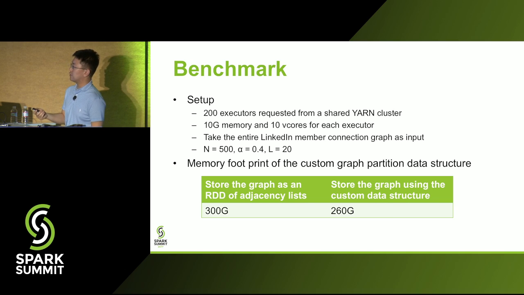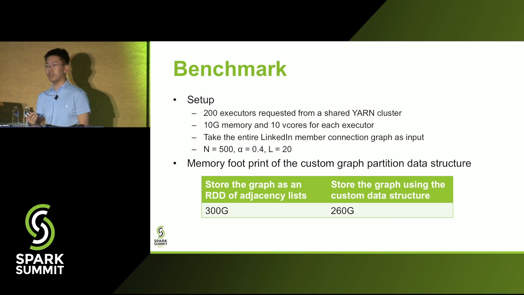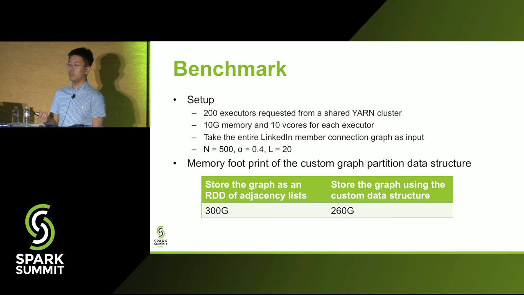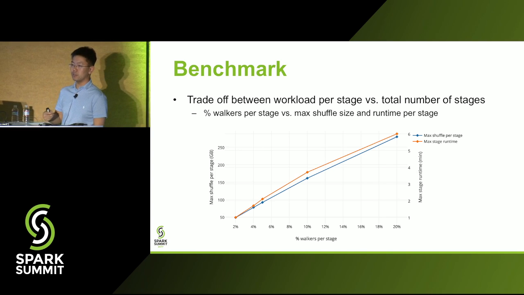The result shows that it actually achieves better storage efficiency by storing the same amount of data, but in the meantime also provides a more efficient way for processing and handling the vertices in local graph partitions. The next benchmark we did is to see how effective the incremental computation of our algorithm is in terms of dealing with graphs of different sizes.